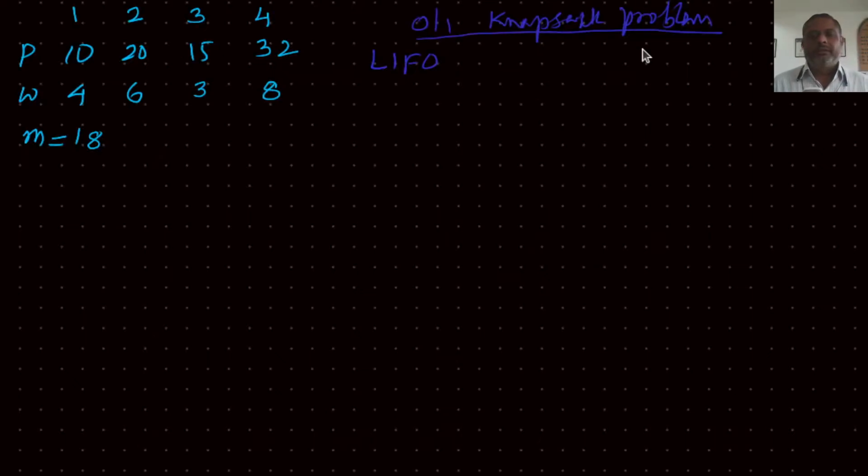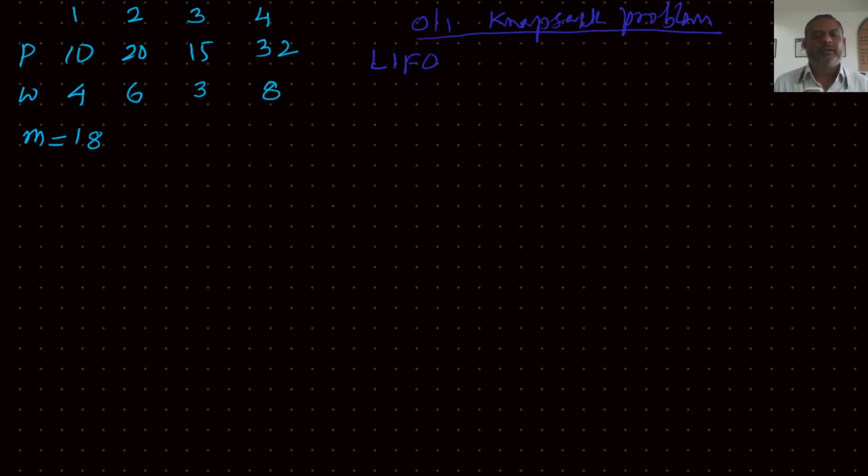Hi friends, let's continue our discussion on solving this 0-1 knapsack problem using branch and bound. As we know, branch and bound methods are used for minimizing, but the knapsack problem is to maximize.